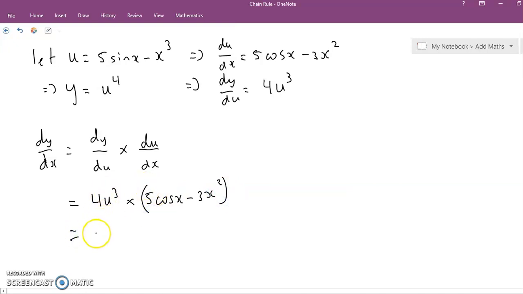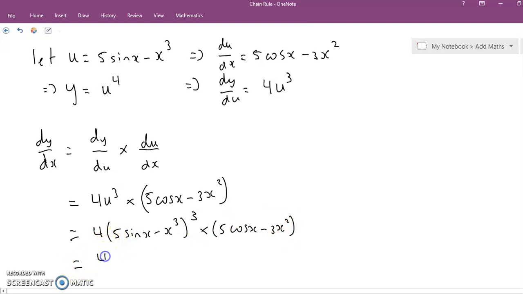So this now becomes, you have to replace the u. So it becomes 4u, which we saw is 5 sine x minus x cubed to the power of 3 by this term here, du dx, which is 5 cosine x minus 3x squared. Alright, I'm just simplifying.